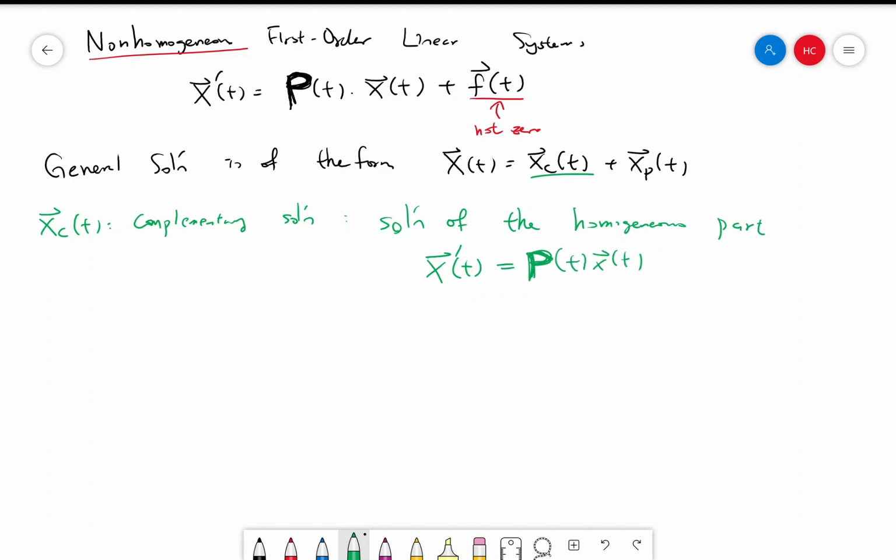So first we drop the constant term, we solve the homogeneous part, we get a complementary solution, and then we get a particular solution.